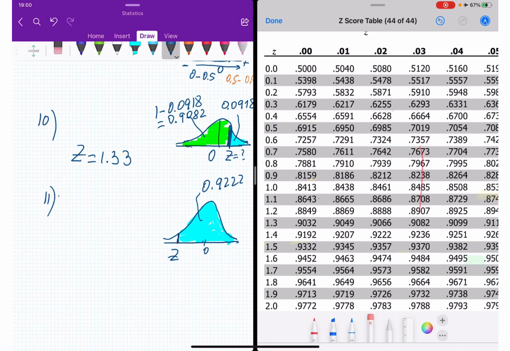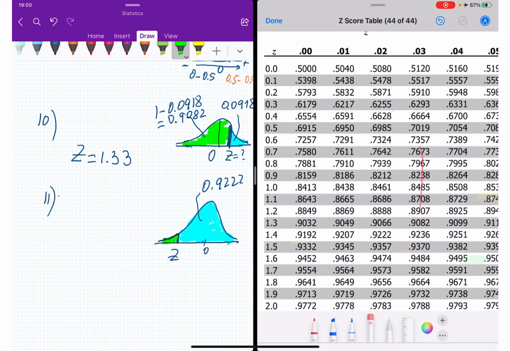What do we need to do? We need to find the area to the left, because our table shows area to the left, which is going to be this one, right? Tiny bit that's left. Okay, to the left.